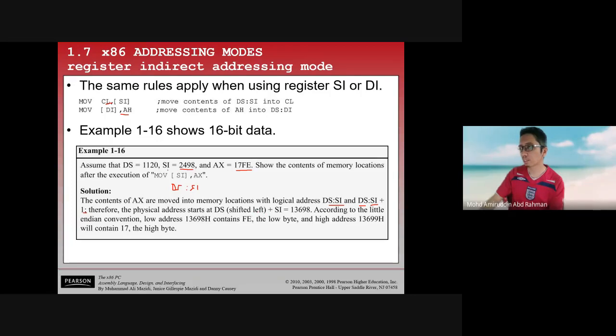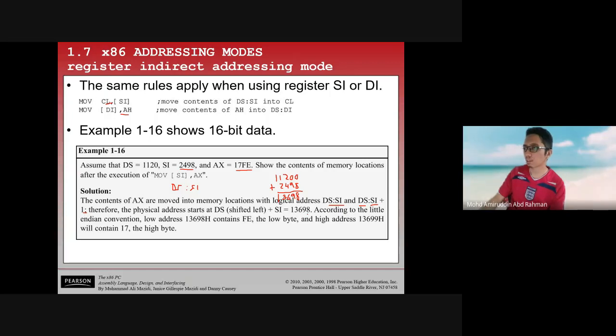Remember the physical address of this: DS is shifted left, so initially it is 11200, and then we add 2498, so it becomes 13698.